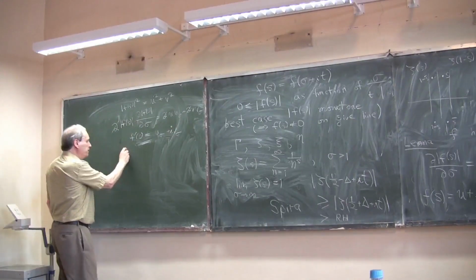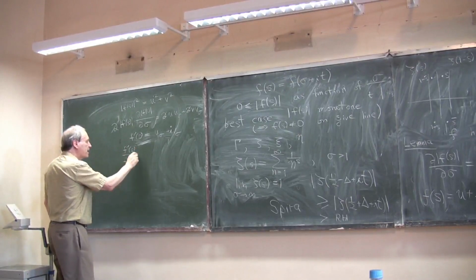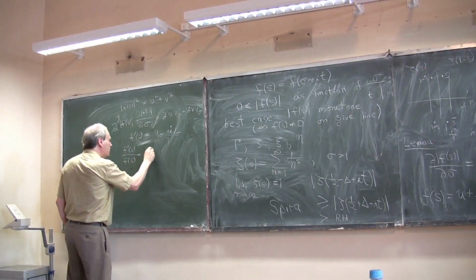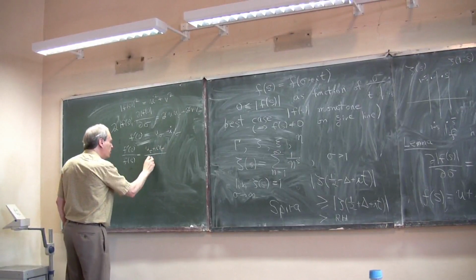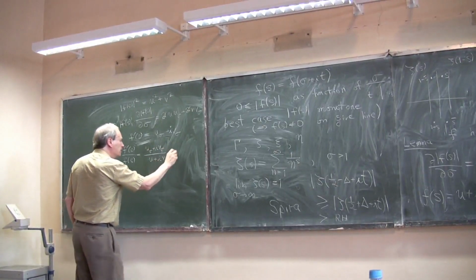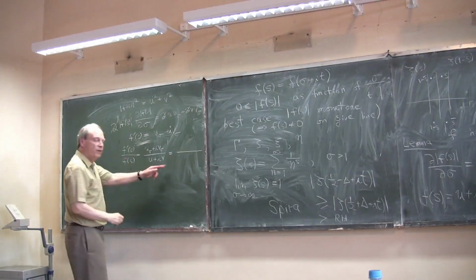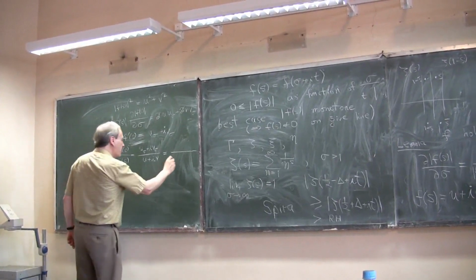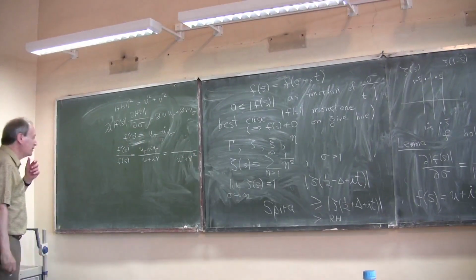So if I take f prime of s over f of s, I have u sigma plus i v sigma divided by u plus iv, and the usual way, we multiply numerator and denominator by u minus iv. So I get u squared plus v squared, which is the norm squared.